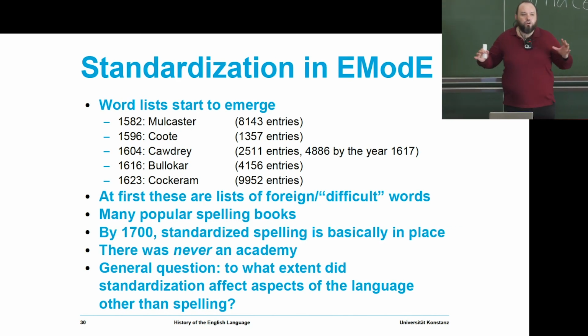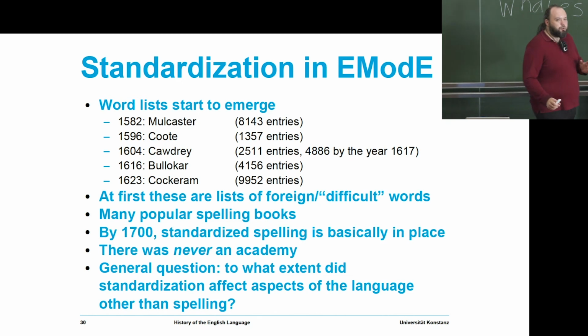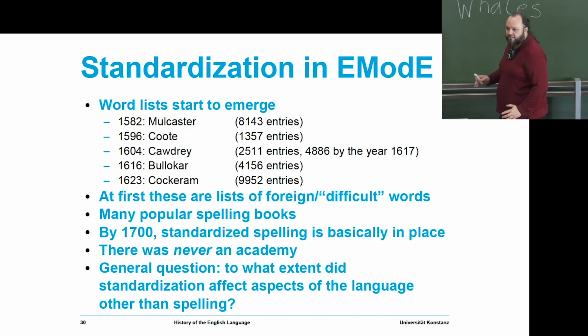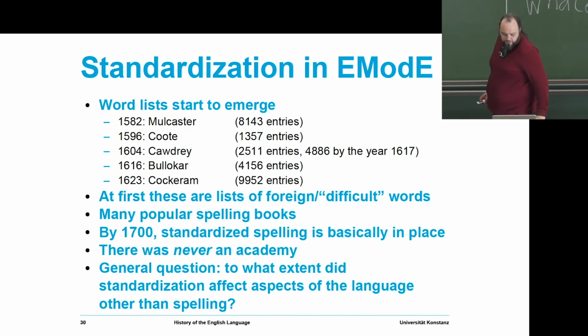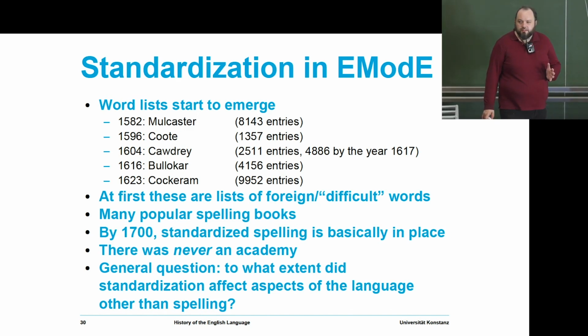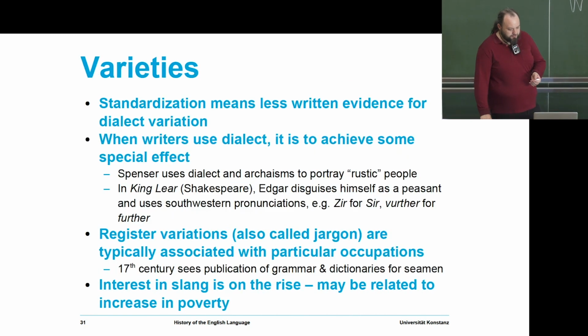And all of this standardization happened in all of these countries at approximately the same time. Standardization is pretty inherently tied up with the rise of modern proto-nation states. So it's to do with countries becoming political entities. And it's an interesting question to ask why English never had an academy in the way that these other languages did. Not one, I think, that I can dwell on now for time reasons.